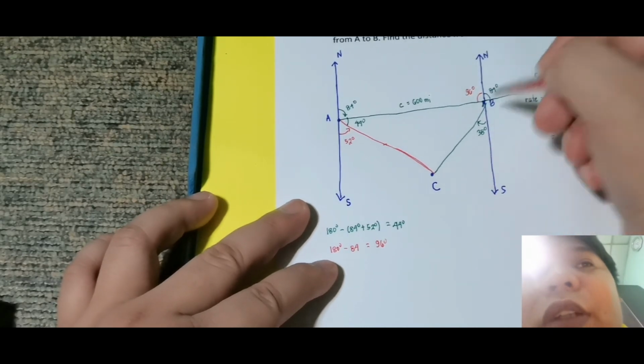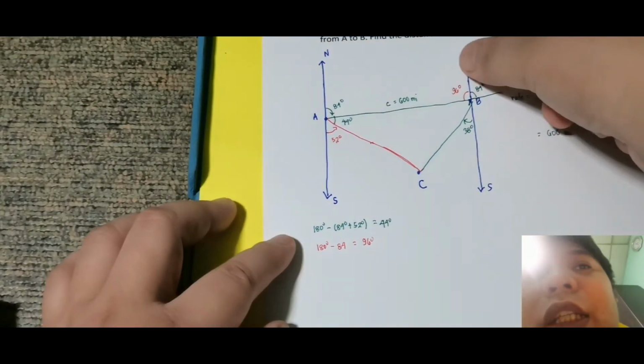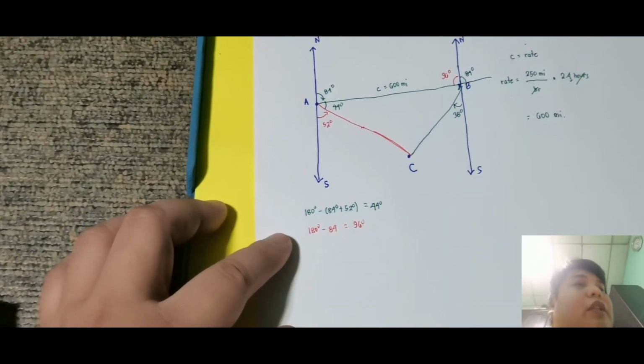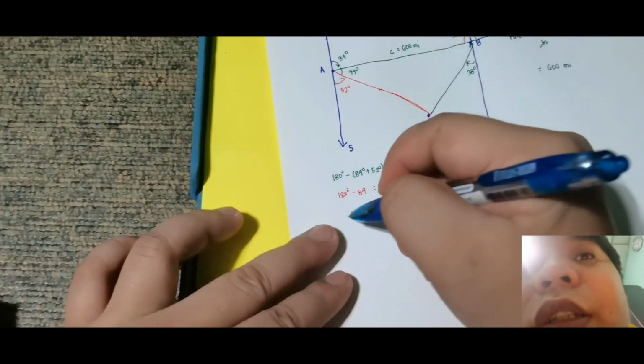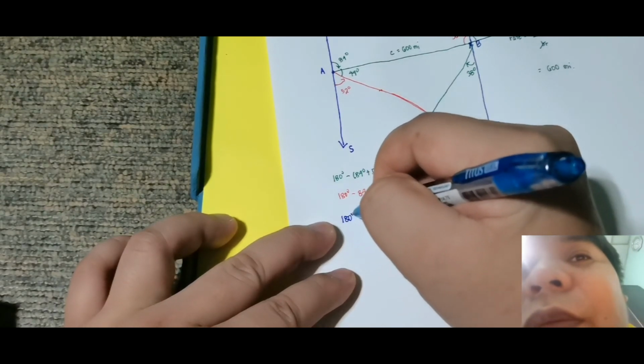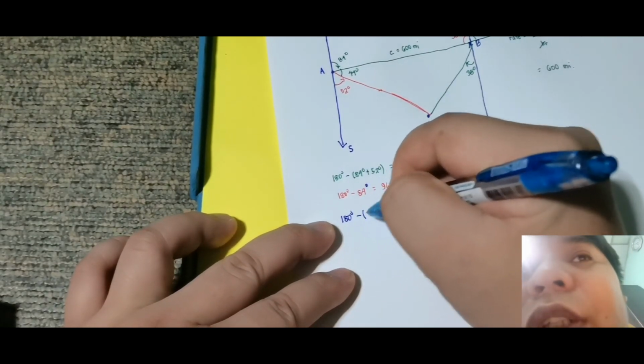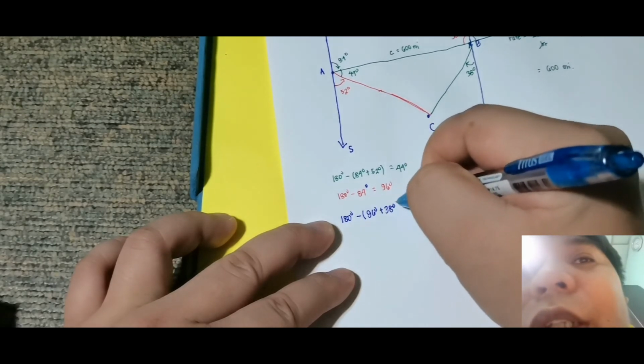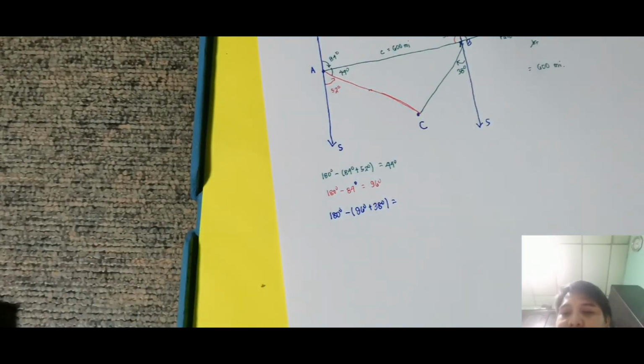Okay, so meaning yung angle dito is 96 degrees. Ngayon, ito na concern natin sa loob. Okay, since again, straight angle ulit yan, that is 180. So 180 degrees minus yung sum ng 96 degrees plus 38 degrees, which is equal sa I think that is 46 degrees, pero check ko talaga din.